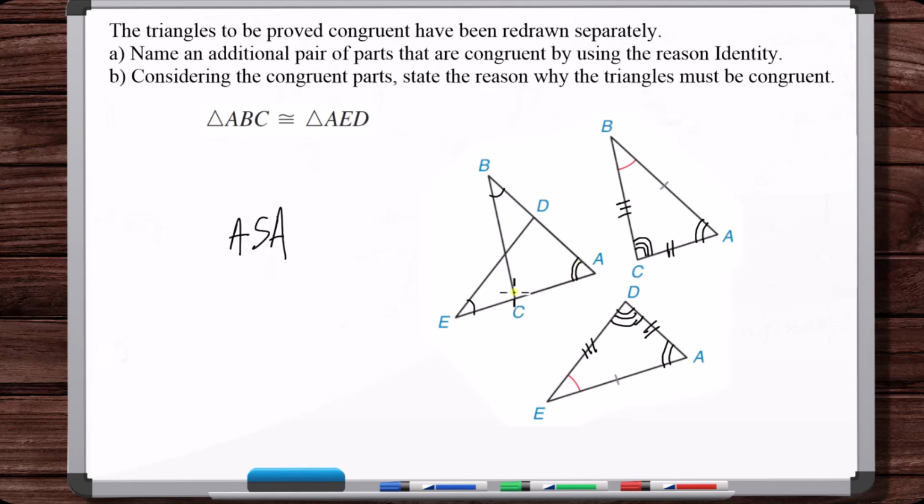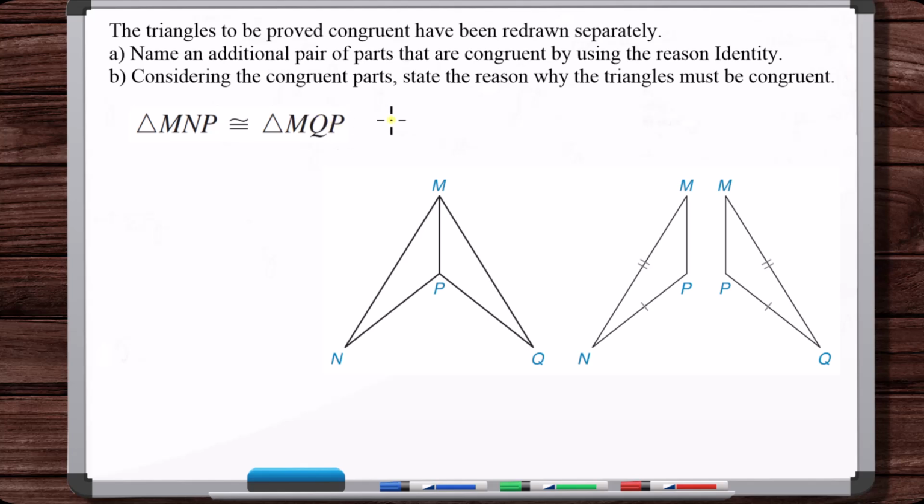Angle C is congruent to angle D. And then we can see the different side lengths, ED to BC, BA to EA, and DA to, yeah, it's hard to see in this figure, CA.